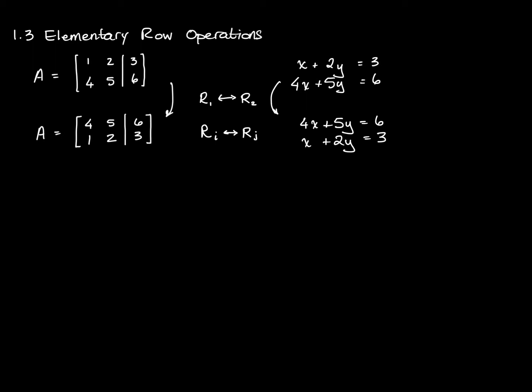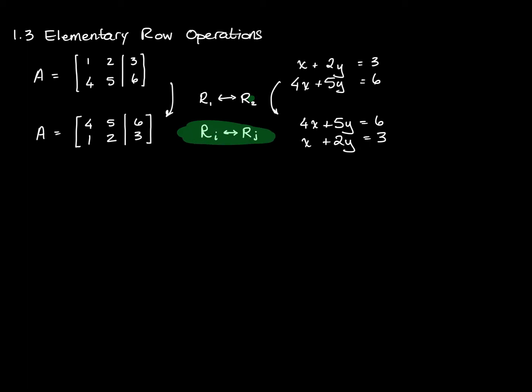Now, I'm using j a little bit differently here than I did in previous videos, but i and j are just indices. They're just generic unknown values. So some row and some other row were interchanged. So that's one thing that we can do with matrices. Let's go ahead and highlight that. You can interchange two rows.